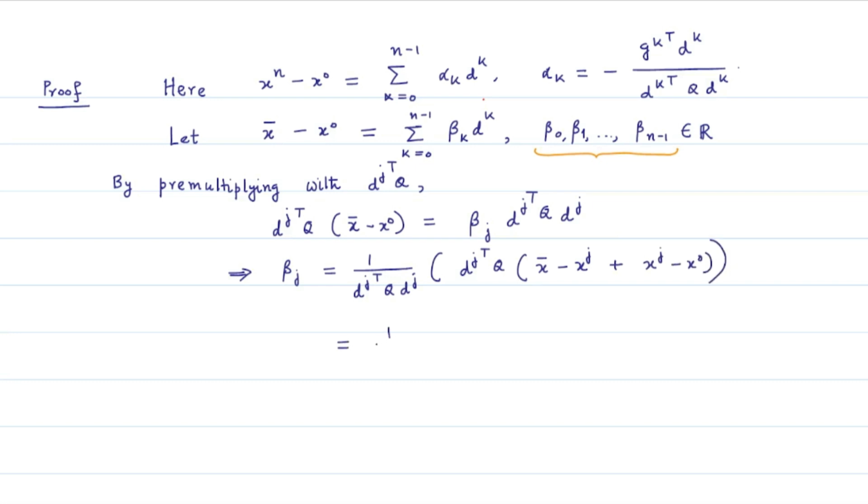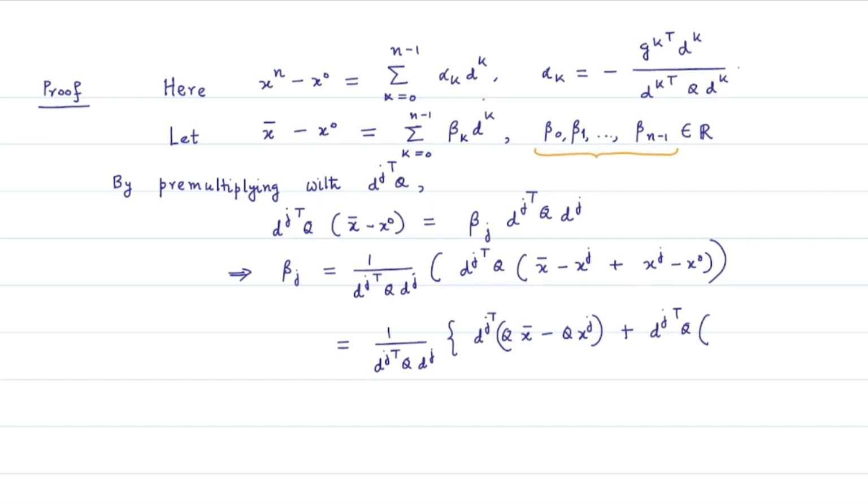This is then equal to 1 over dj transpose q dj times dj transpose q x bar minus q xj plus dj transpose q times this expression xj minus x naught.